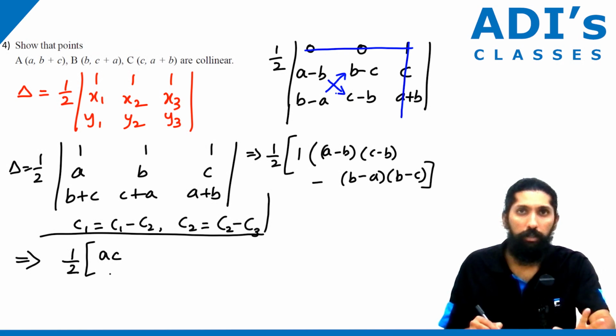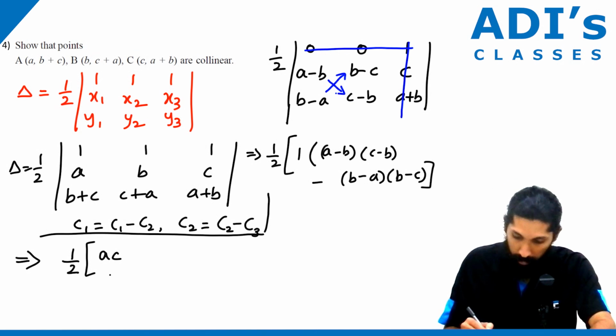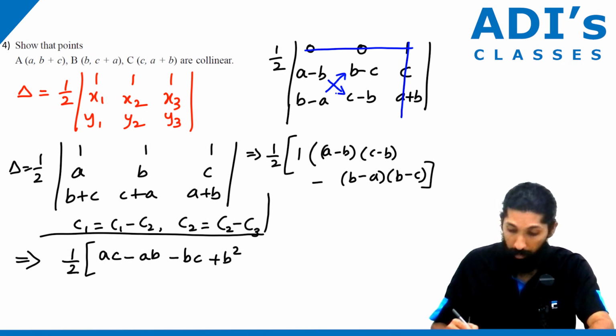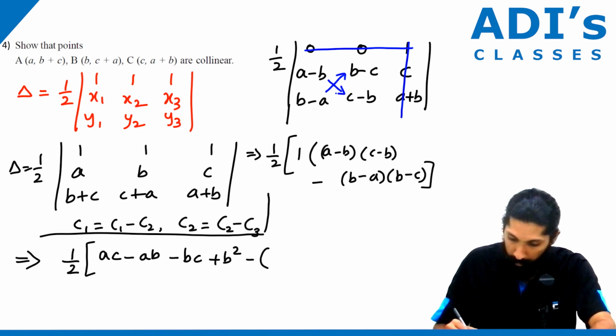You can just take off the negative sign and also you can do it. But still this way we'll do it. AC minus AB minus BC plus B square minus of B square minus BC minus AB plus AC.